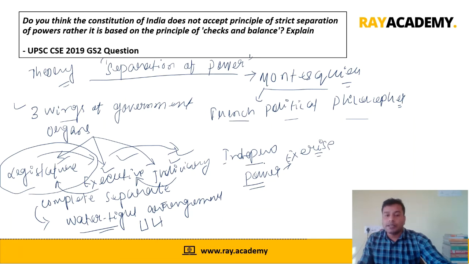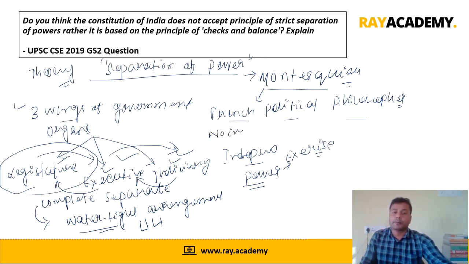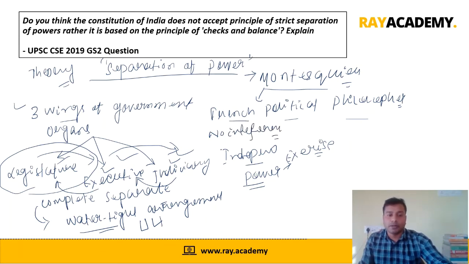There cannot be any interference among each other. In a very simplistic way, legislature cannot intervene in the work of the executive, and the executive cannot intervene in the work of the judiciary. I hope I am extremely clear on the points.